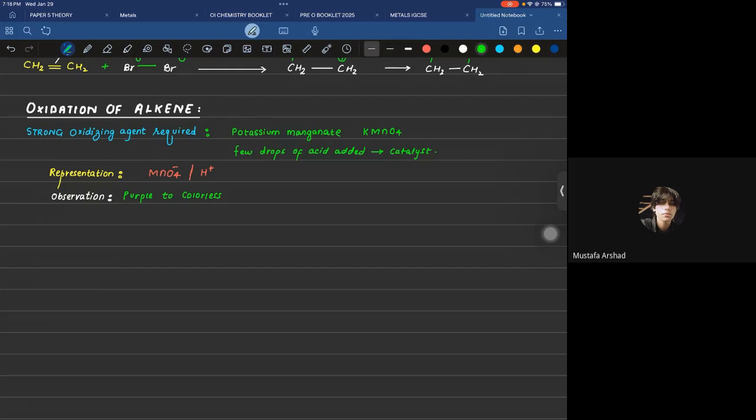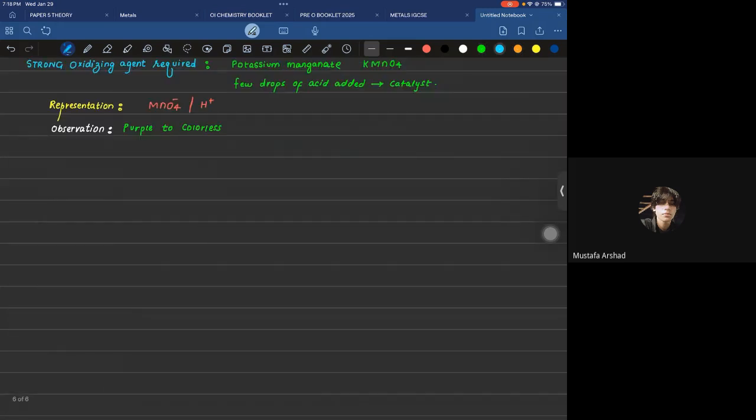And then we would be doing two types of oxidation. Number one, oxidation with cold KMnO4, and number two, oxidation with hot KMnO4.